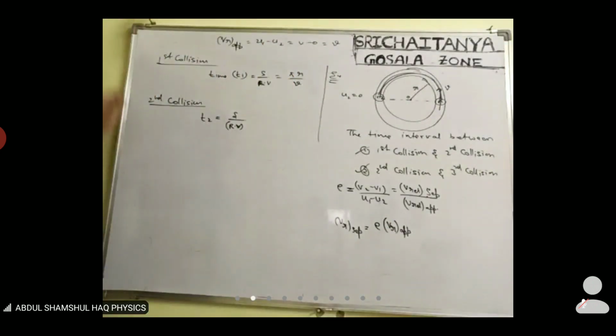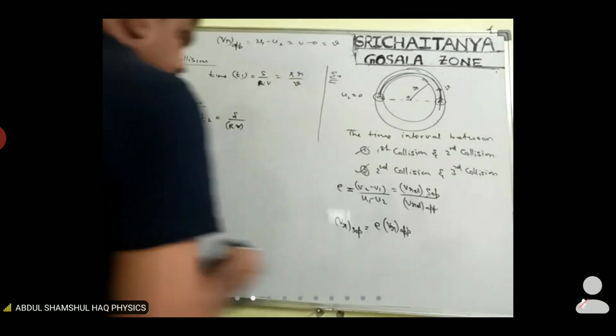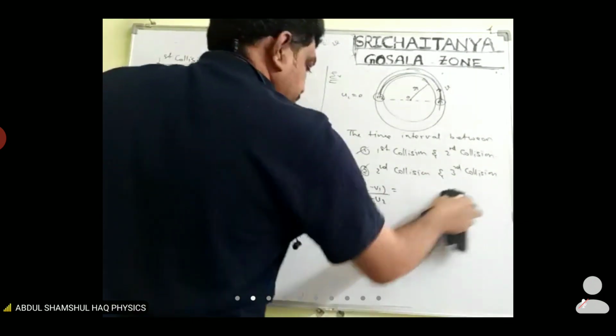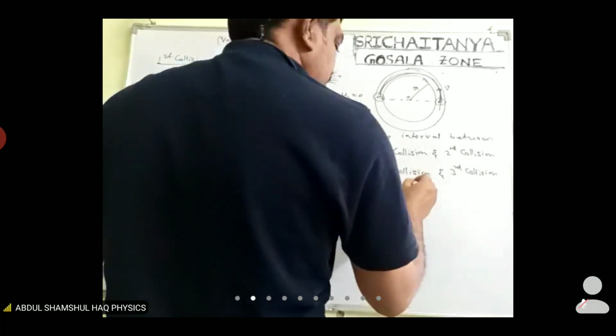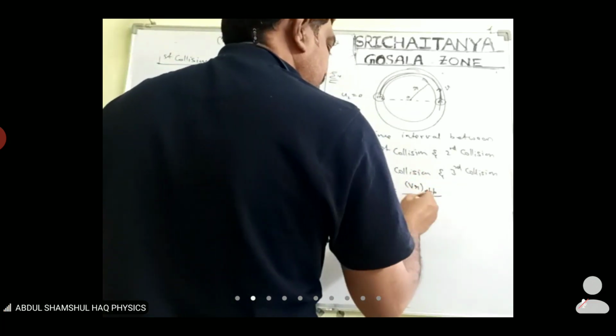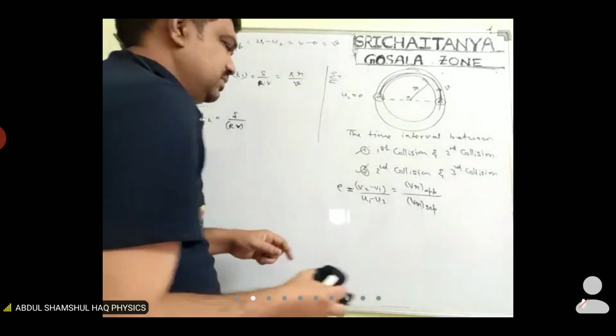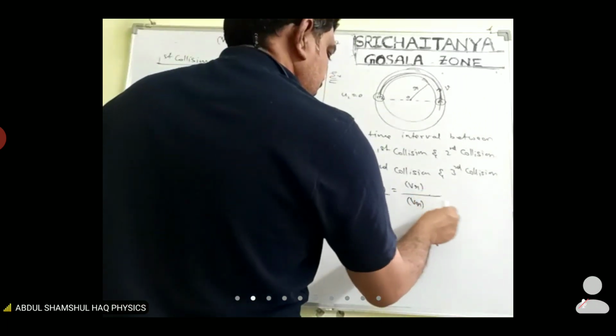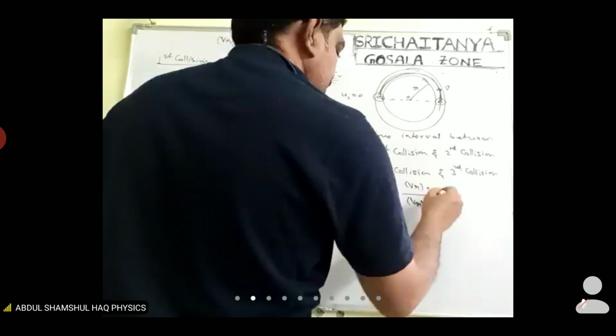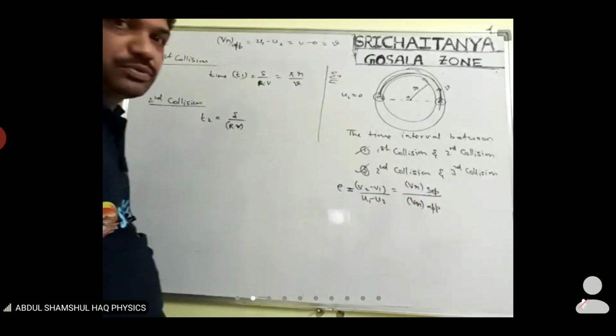So students, after collision, the two bodies will be traveling with a relative velocity: v2 minus v1 is the relative velocity of separation, and it is separation by approach.